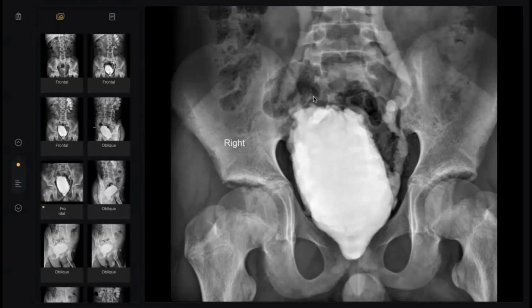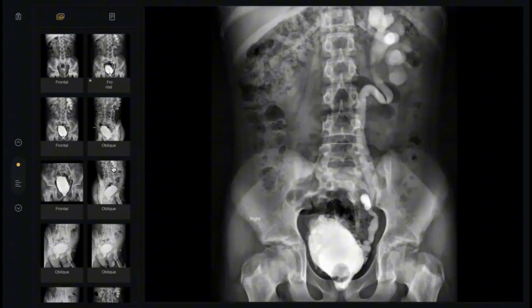So this is most likely in keeping with neurogenic bladder, and there is also dilatation of the bilateral ureters noted. In my routine practice, I would like to see the kidneys also, since this may be associated with vesicoureteric reflux.